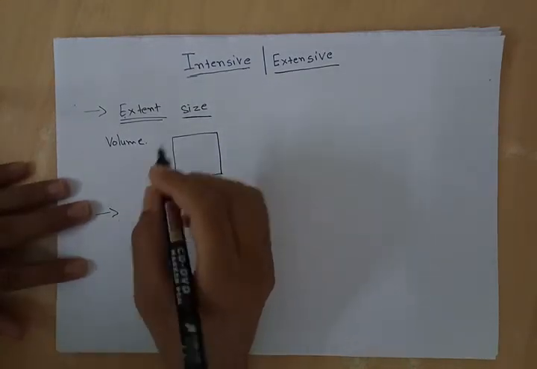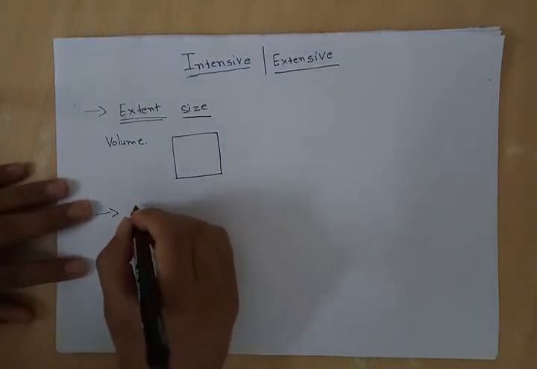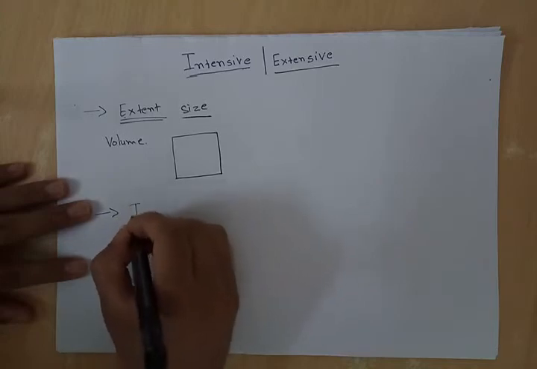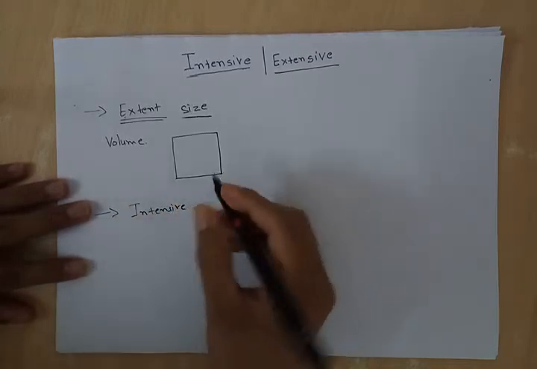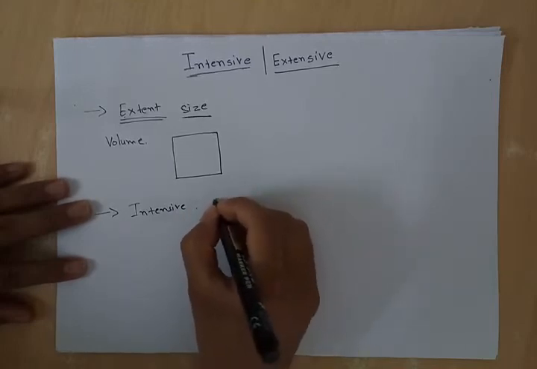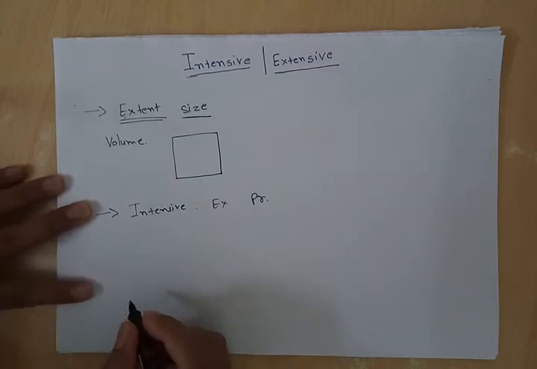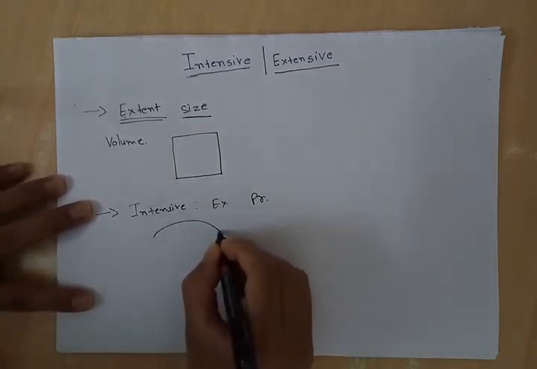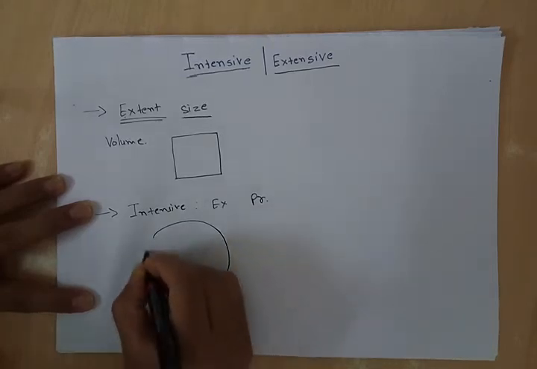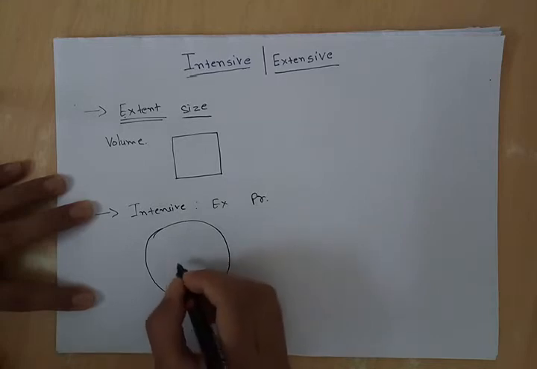and the property which doesn't depend on the size is called intensive property. For example, pressure is an intensive property, because let us take this room, and let us say pressure inside the room is 1 atmosphere.